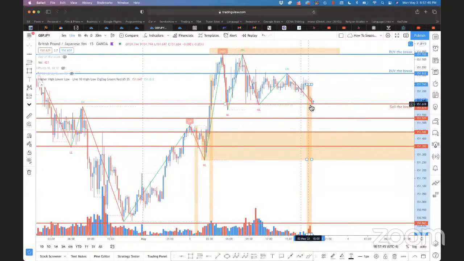And from that candle on, we're starting to see price push back up into the range. Does that make sense? That makes sense?